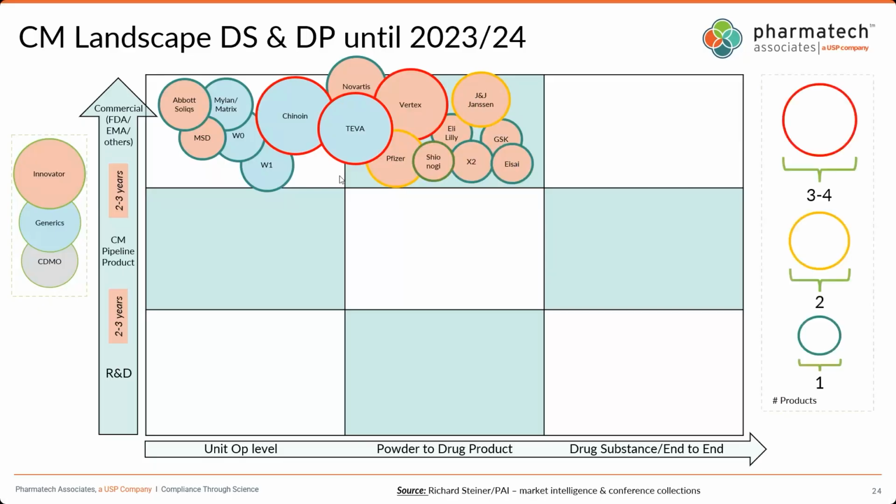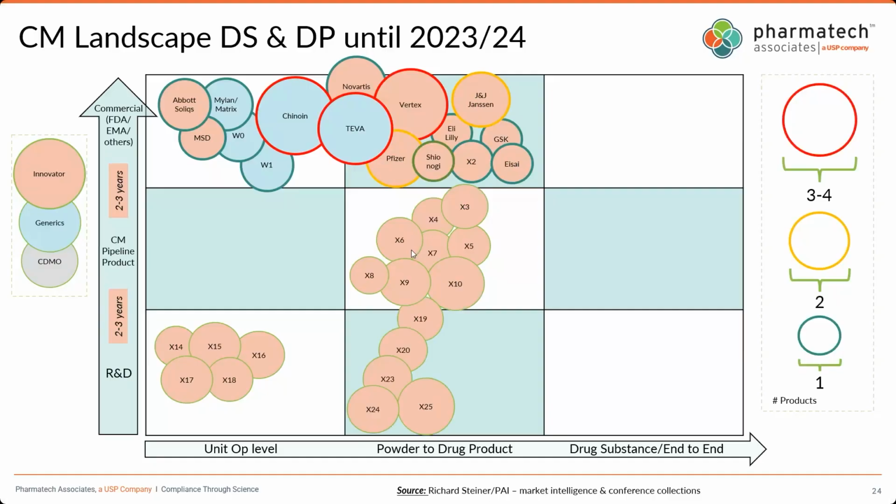I would say there's another group in this pipeline product section where we see products and first indications that they will soon get commercial products to the market, but they all started on this unit operation level. They started first on the left side, then moved to link unit operations together as they got more comfortable with it.